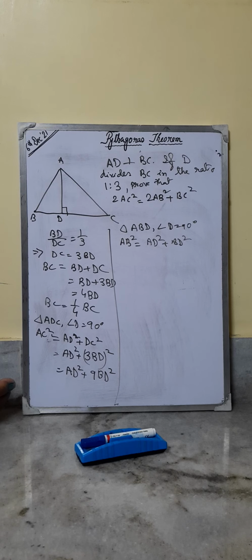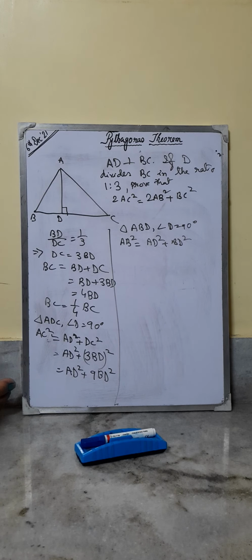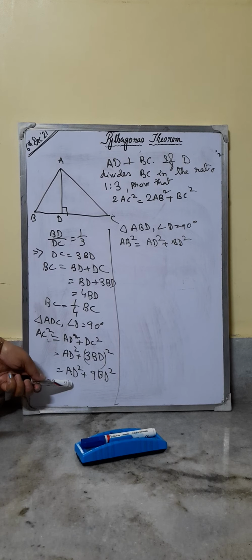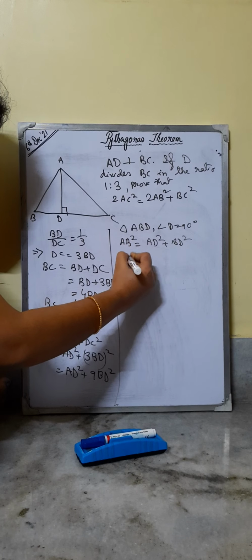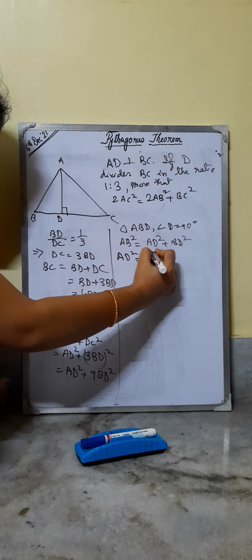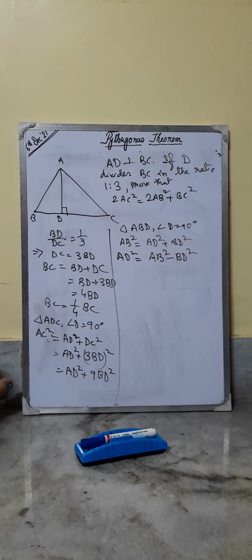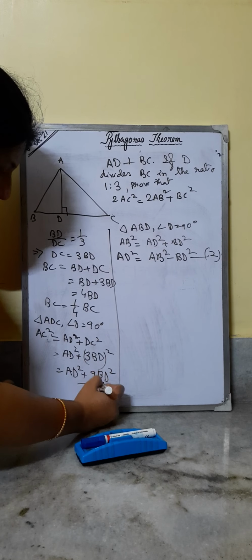So take AB square equals AD square plus BD square. Now, AD square means we can find the value of AD square. Take BD on this side, so AB square minus BD square. Now this is equation number 2 and the other is equation number 1.